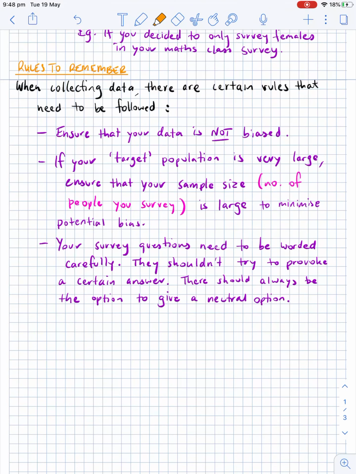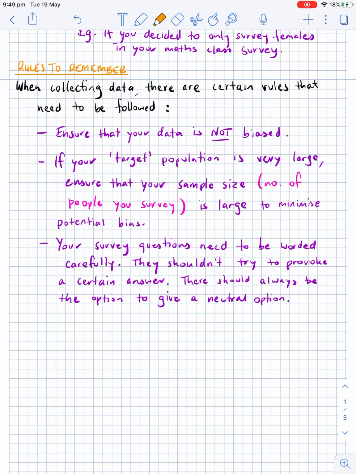And lastly, your survey questions need to be worded carefully. They shouldn't try to provoke a certain type of answer, and there should always be the option to give a neutral answer. Summing that up, your questions need to be very neutral. They don't want to be trying to push you to say yes or no just by how you word a question.